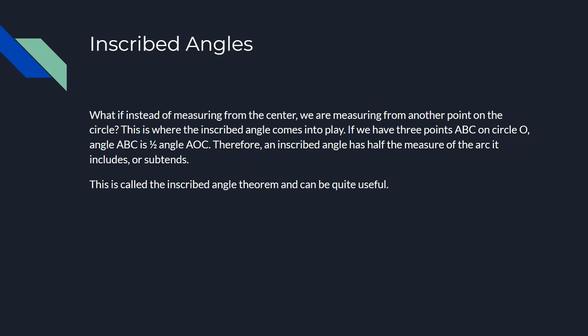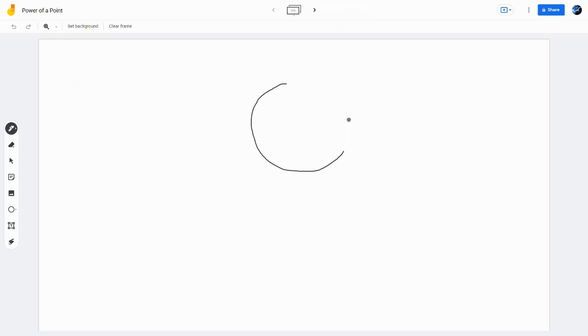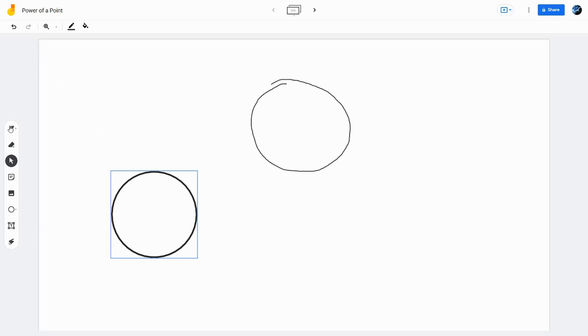So just for a better visualization of this, let's say we have some circle here, and we have 2 points.